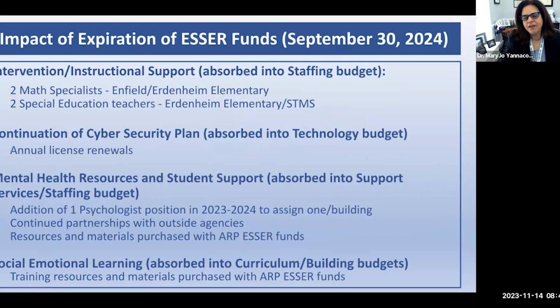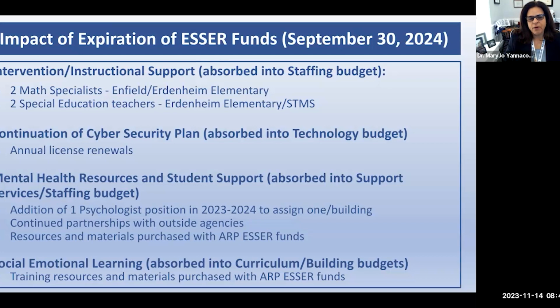Thanks, Kara. I just wanted a minute to be able to clarify where these areas are going to be, where we're going to have to absorb within next year's budget items that we have been providing through the pandemic using the ESSER funds. And so initially you see their intervention and instructional support. So we'll be absorbing these 4 positions into the staffing budget.